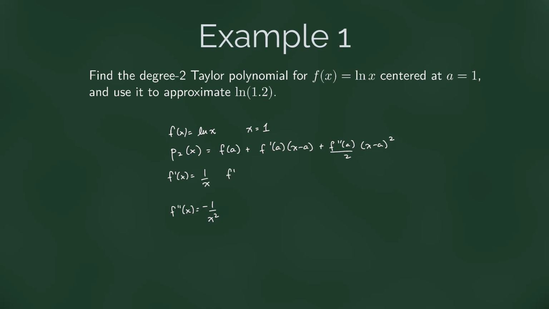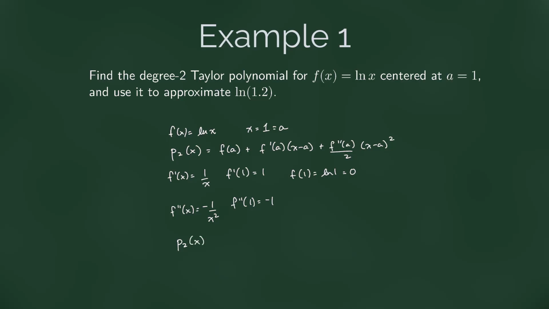F prime of x is 1 over x, and f double prime of x is then negative 1 over x squared. F prime of our a value, f prime of 1, is 1, and f double prime of 1 is negative 1.